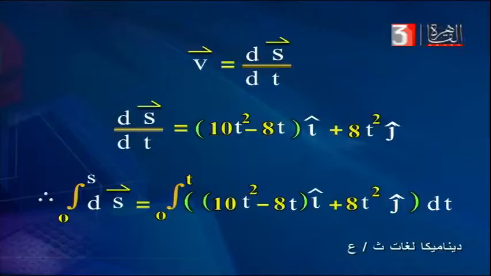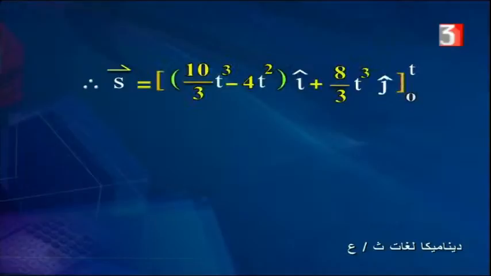What is the integration of ds? Yes, vector s equals the integration of 10t power 2 is 10 over 3 t power 3, and the integration of 8t equals 4t power 2 in direction i, and the integration of 8t power 2 is 8 over 3 t power 3 in direction j, from 0 to t.